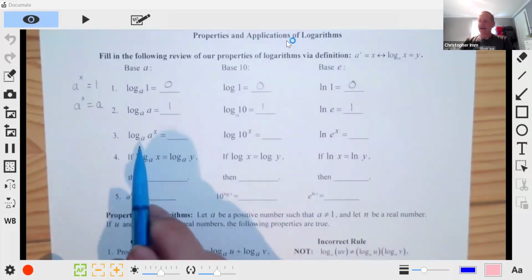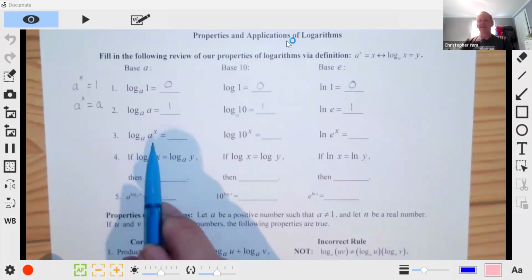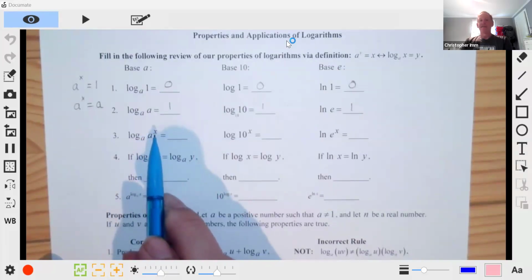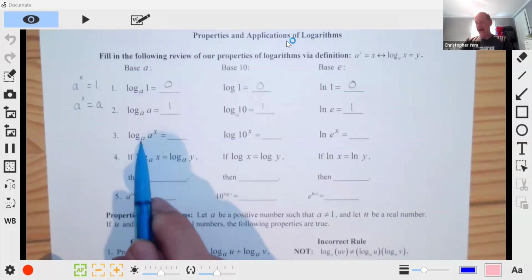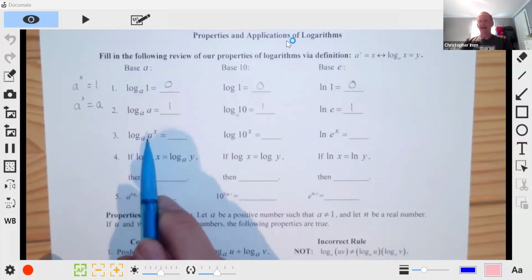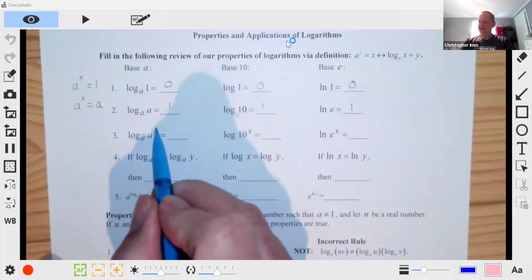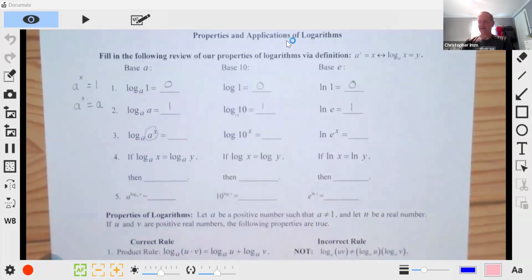Okay, now let's say that we raise that a to a power. So this is an inverse rule. If we have log base a of a to the x, this is actually the inverse function of log base a of x.